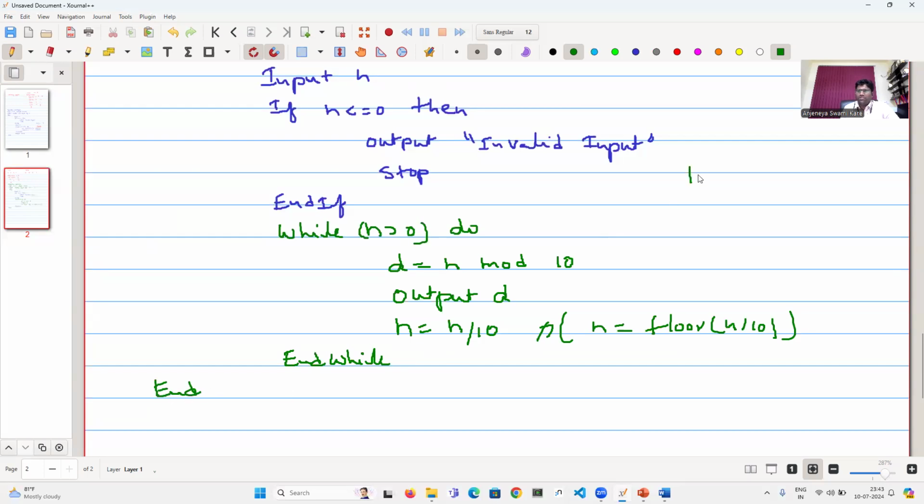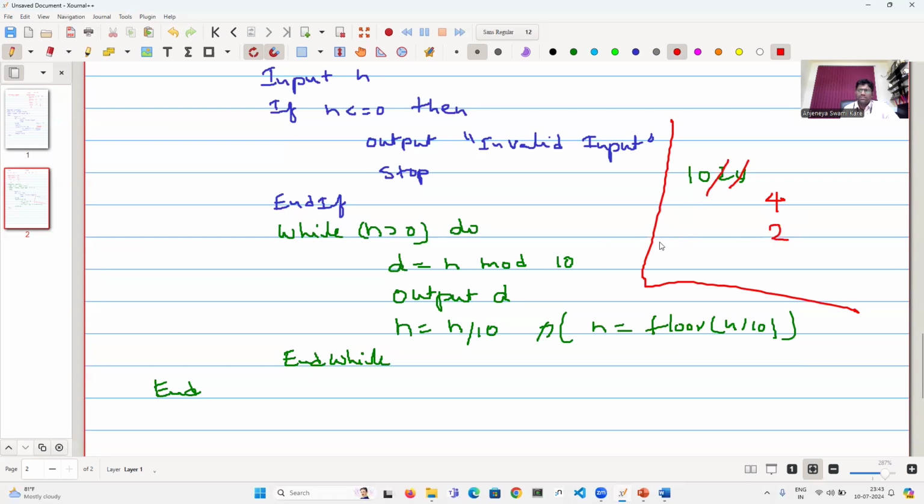So if you have a number 1024, what happens is 1024 mod 10 is 4, which will be displayed. Then n becomes 102. 102 mod 10 is 2, 2 is displayed.